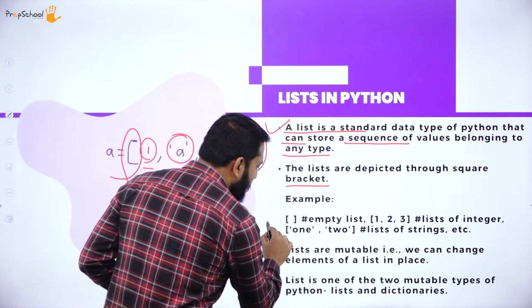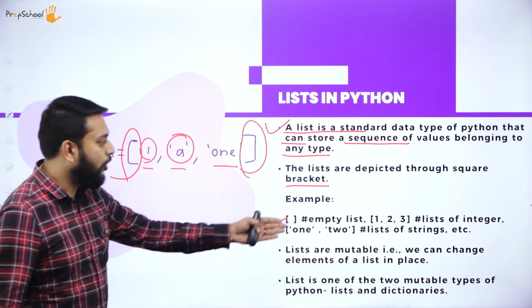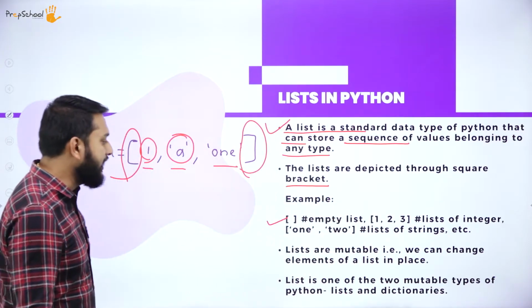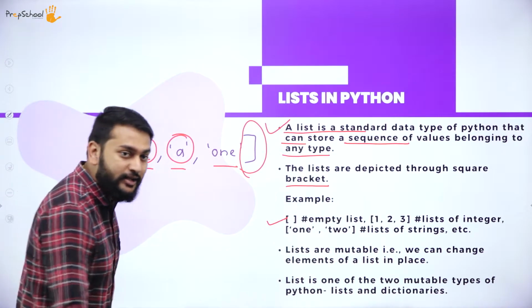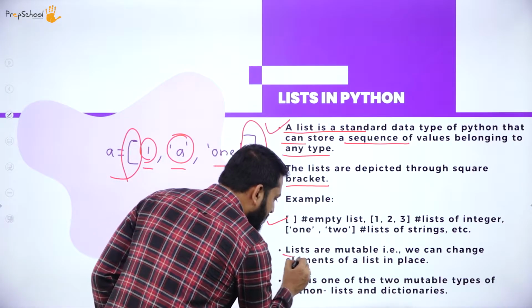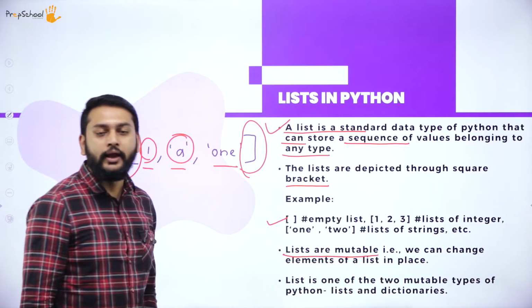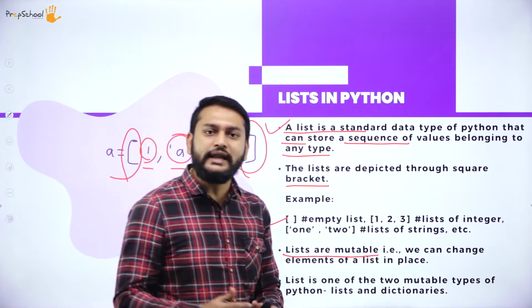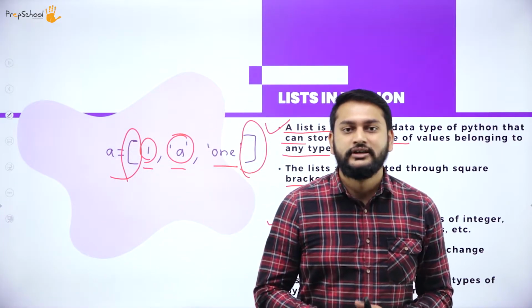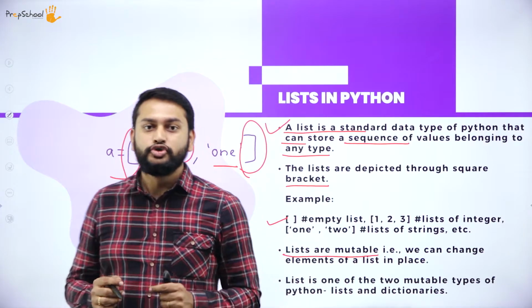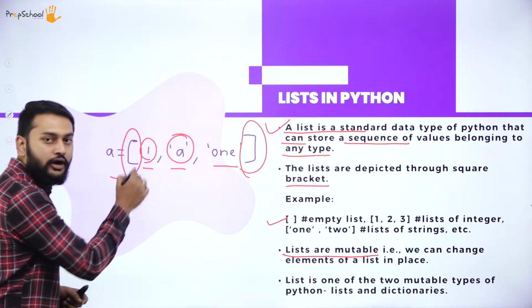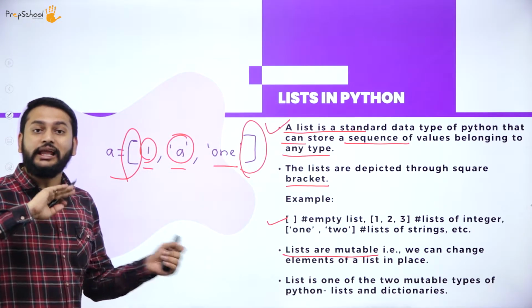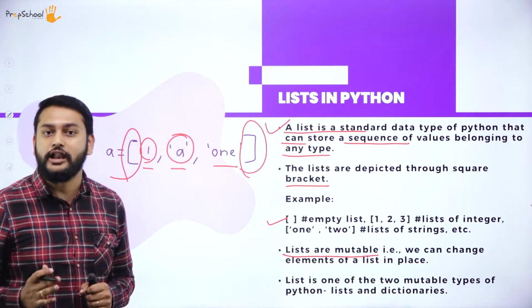So we have the example, how we create the empty list, how we create the integer list, which we have already discussed. The next important point, please observe here, lists are mutable. What is the meaning of mutable, which we have already discussed in the previous sessions? Lists are mutable. Whatever value I have inside the list, I can replace that value with some other value.